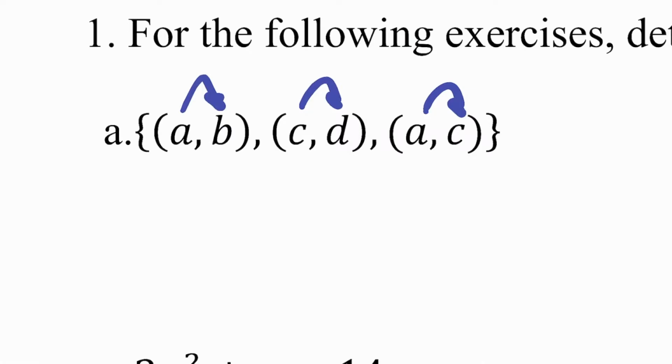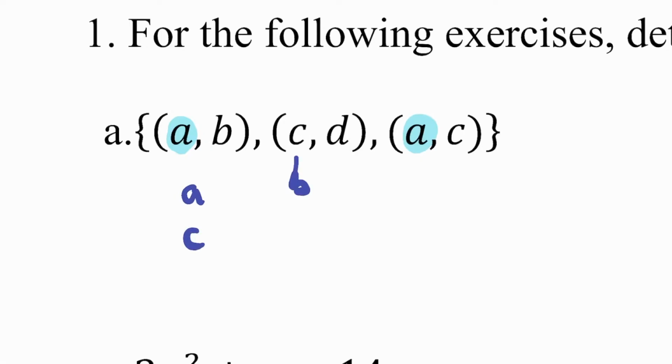Now, this first example has a problem because the input A is paired up with two different outputs. So if we redrew this, A and C as inputs would go to B, C, D as outputs, because I'm listing all three inputs. Well, one's repeated, but there's three inputs.